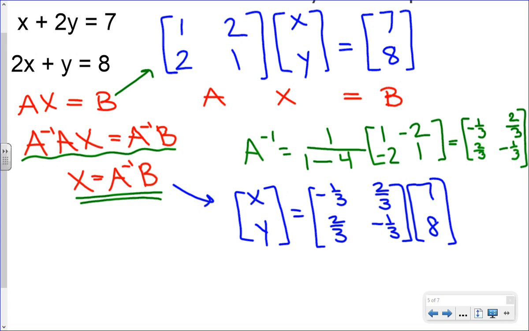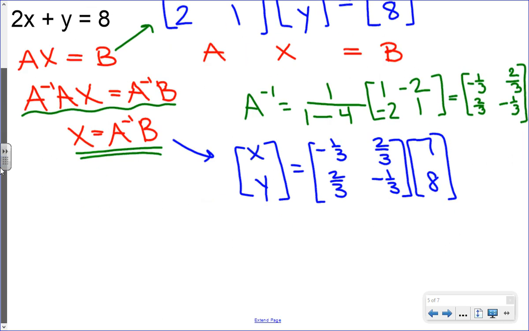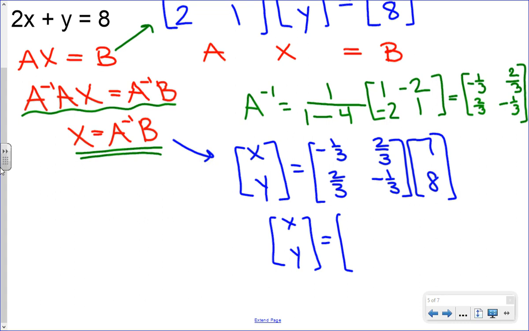Okay, since we have it written right here, I don't feel it necessary to take the room to write it in matrix form. So now all we have to do is multiply these two matrices together. We have a 2 by 2 matrix multiplied by a 2 by 1 matrix, which means we're going to get a 2 by 1 matrix.